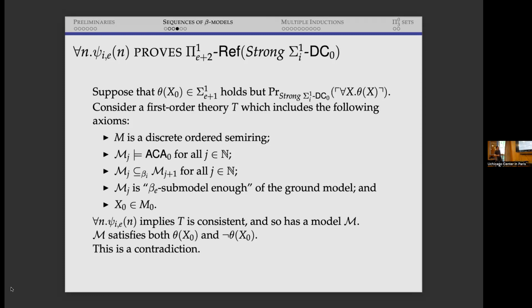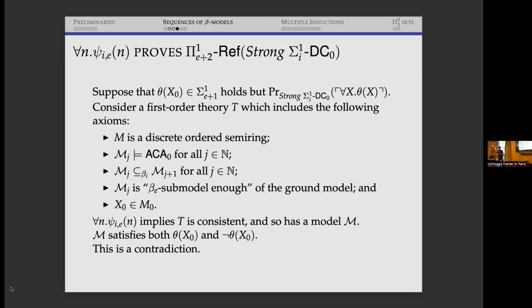We build this first order theory where the first order part is going to be a discretely ordered semi-ring. We build coded models over this, and each coded model will satisfy HA0. The models will be beta submodels of each other. And then a little tricky part is that we want each coded model to be a beta model enough.